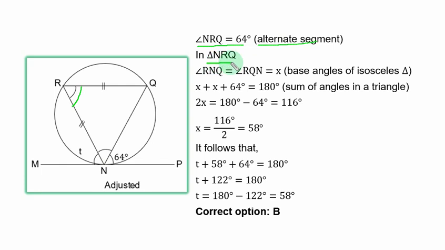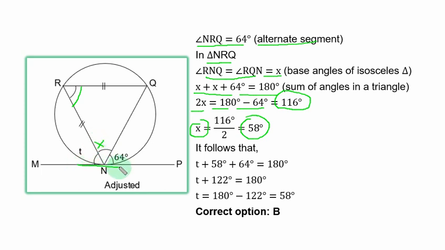In triangle NRQ, the base angles are equal, denoted by S. In that triangle, if you add the 3 angles, the sum is equal to 180 degrees. 2S becomes 180 degrees minus 64 degrees, and that is 116 degrees. Therefore, to get S, divide both sides by 2. S becomes 58 degrees. So here is S, one of the base angles.